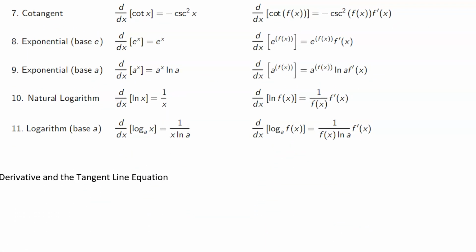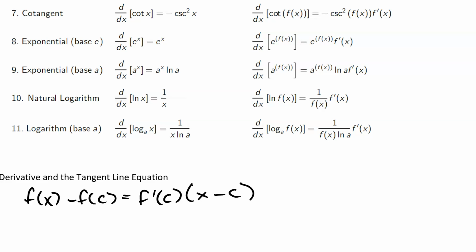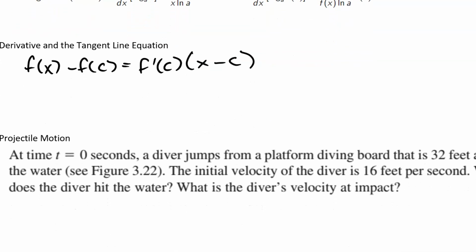We've already talked about the derivative and the tangent line problem, but I just wanted to remind us of that equation because it is important. Next up, we're going to talk about projectile motion.